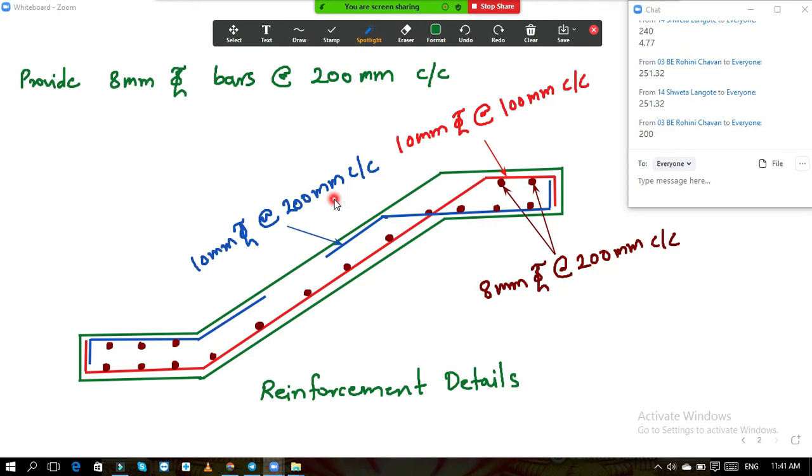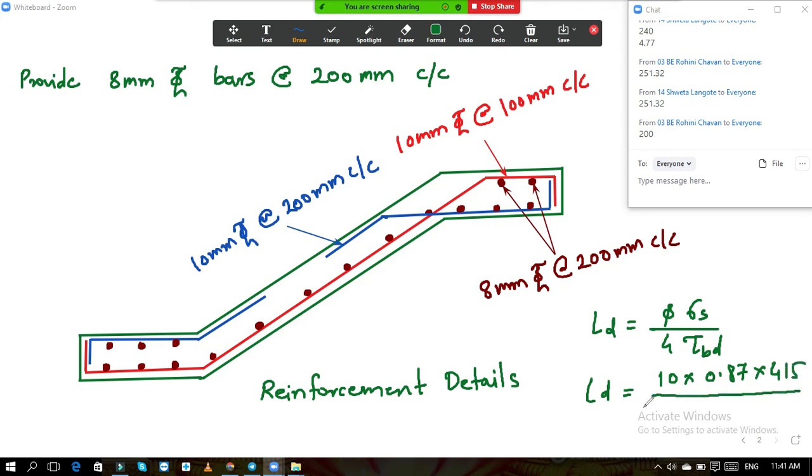Okay, so if I show you here somewhere development length LD, it must be 5 sigma S upon 4 tau BD. So LD is equal to how much? It is 5 is 10 into sigma S is 0.87 into 415 whole divided by how much it is?